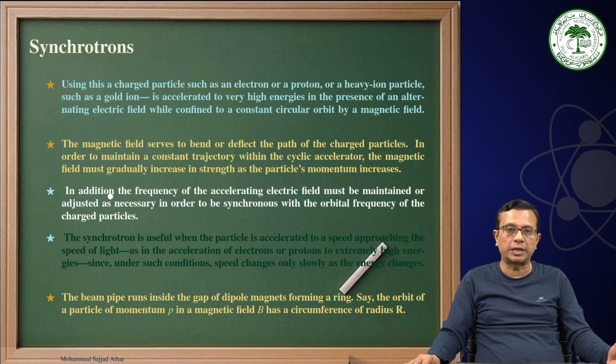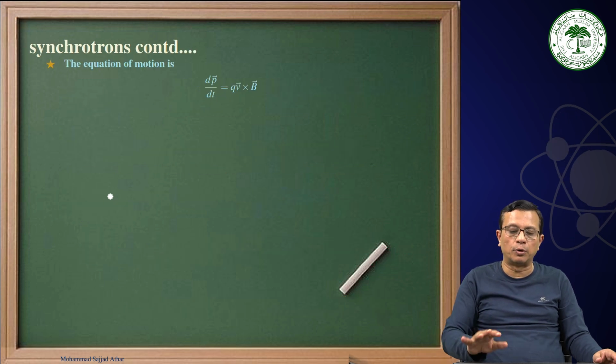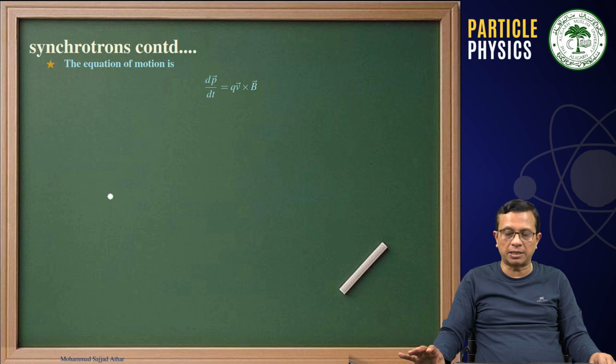Say the orbit of a particle of momentum p in the magnetic field B has a circumference of radius r. Then the equation of motion is dp/dt = qv × B, the Lorentz force.